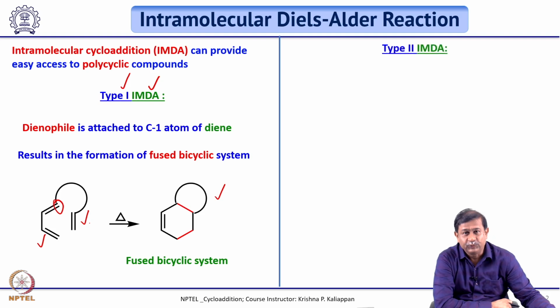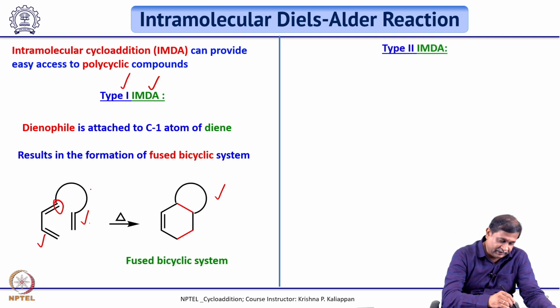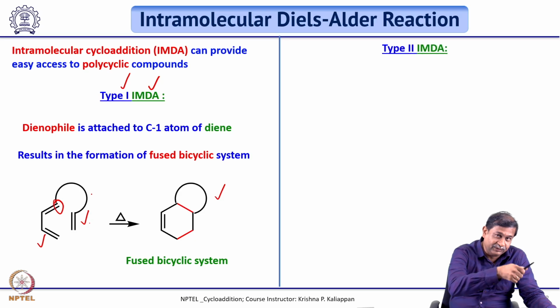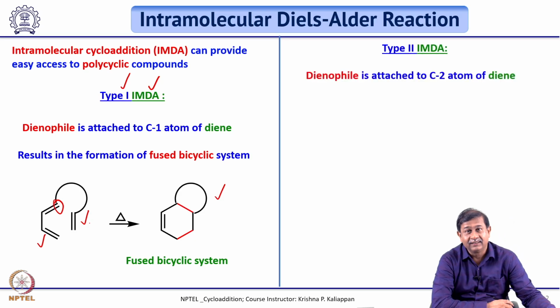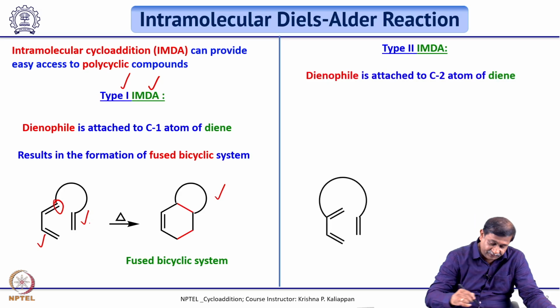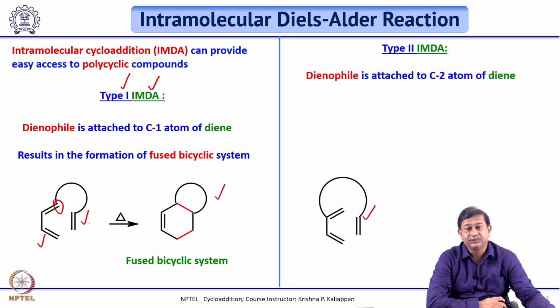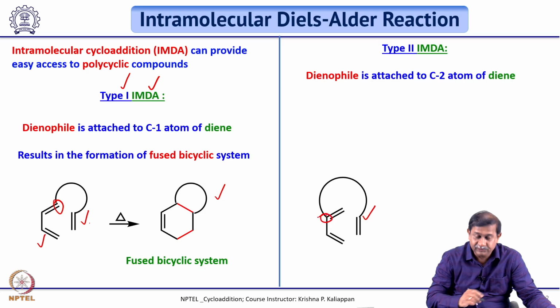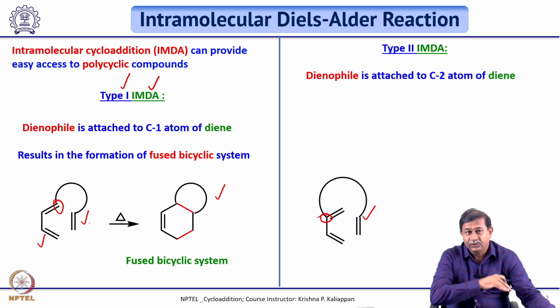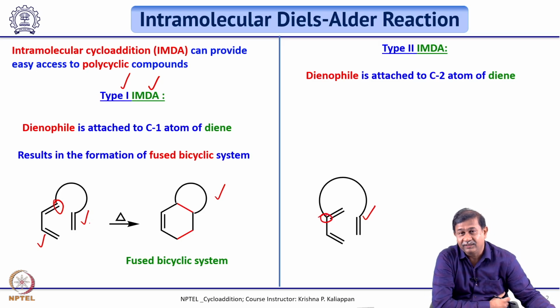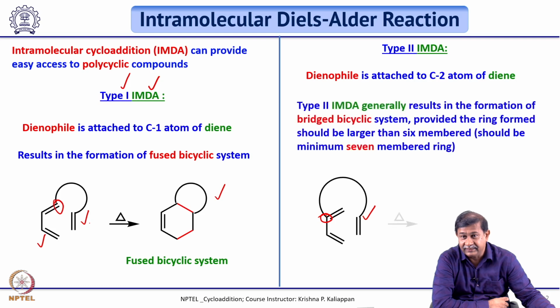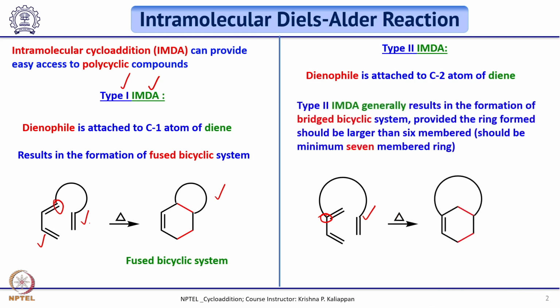Now, what is type 2? As you have seen, in type 1 the dienophile is attached to carbon number 1. In type 2 IMDA, the dienophile is attached to carbon number 2. Now, if this undergoes intramolecular Diels-Alder reaction, you will not get a fused bicyclic system. Most of the time what you get is a bridged bicyclic system.